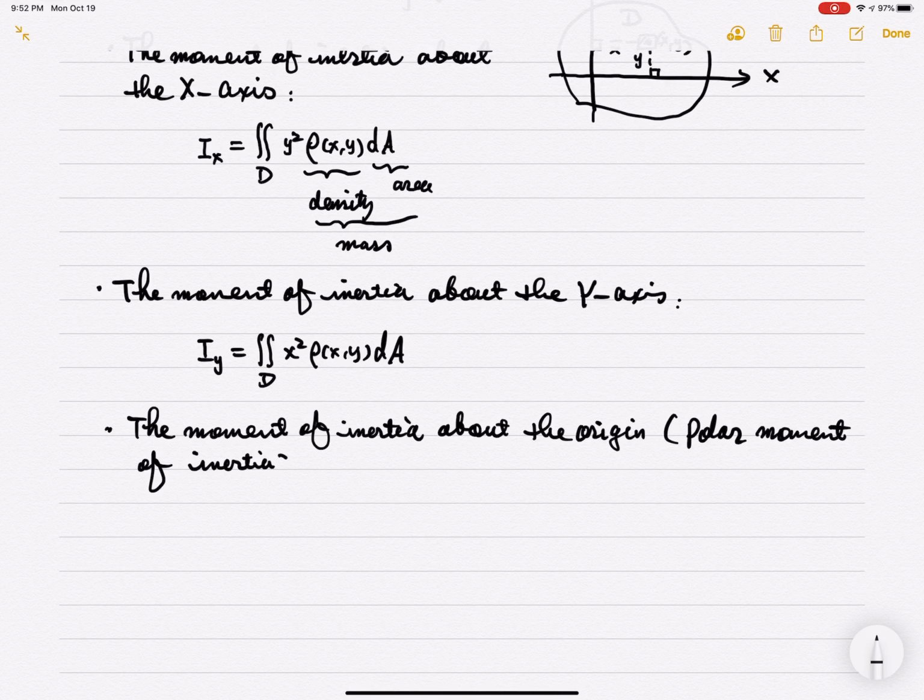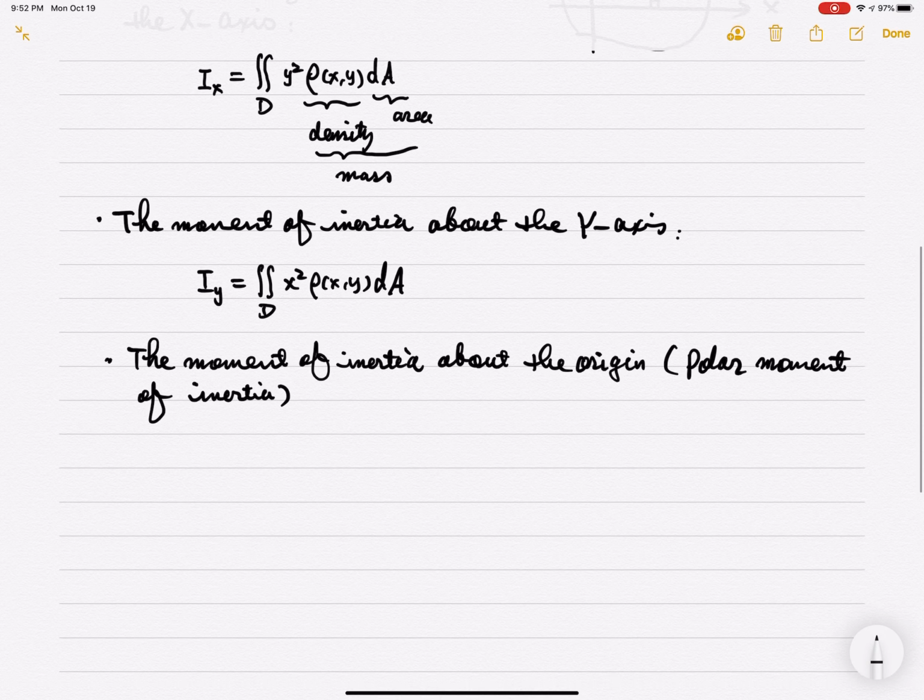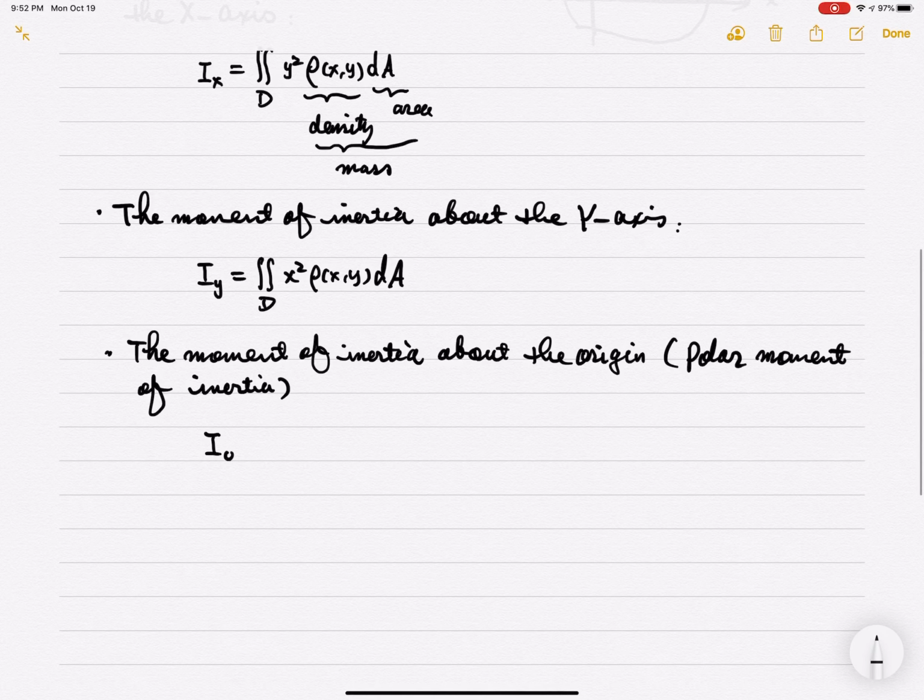So for this we use I sub O, that's equal to this. It's understandable: x squared plus y squared is the square of the distance of a point (x, y) to the origin, right?